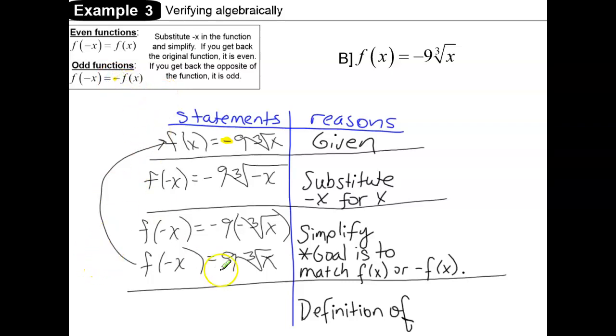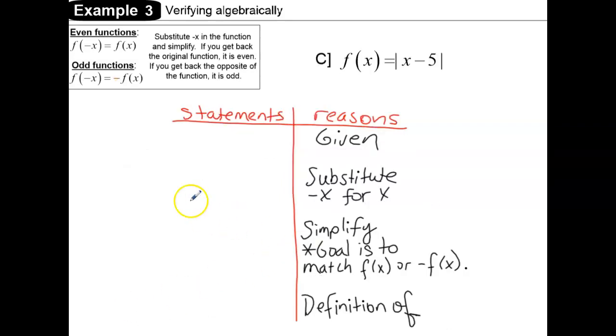It doesn't mean that I have to end up with a negative out front. What it means is that I end up with the opposite of f of x, which is what happened here. And so that is the definition of an odd function, and f of negative x was equal to negative, or the opposite, of f of x.